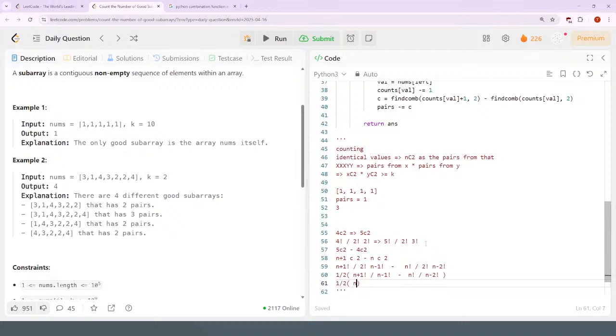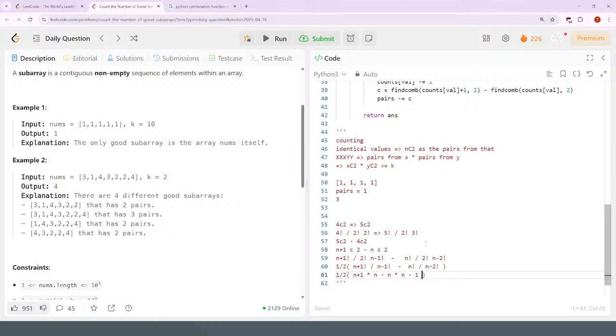So that'd be n plus 1 times n minus n times n minus 1. If you cancel out the common factors in the fractions, this would be 1/2. So you have an n factor, and you have an n plus 1 minus n minus 1, minus parentheses n minus 1.